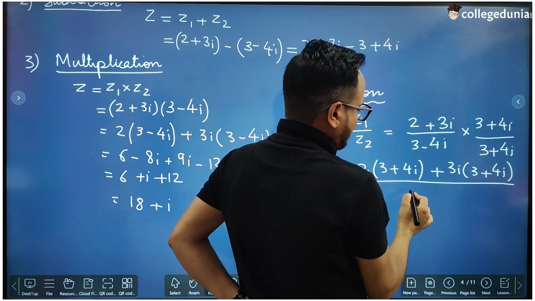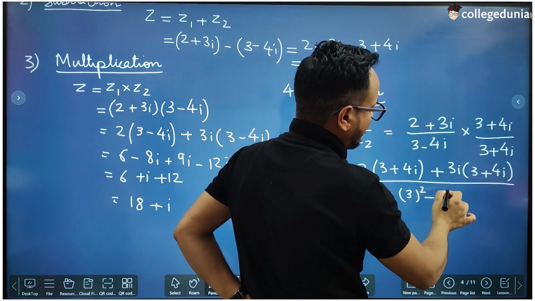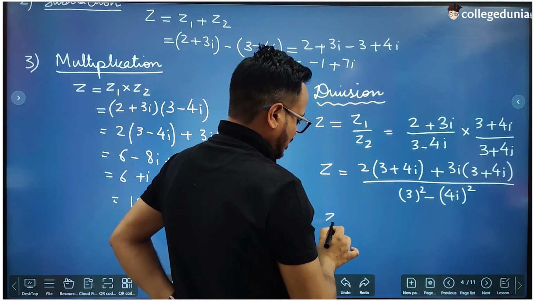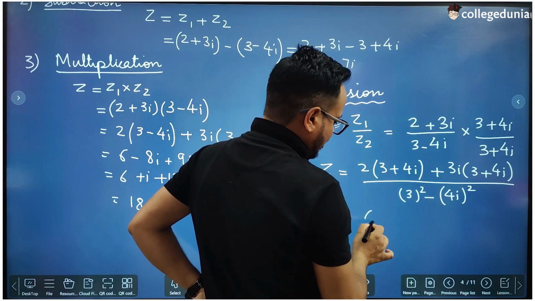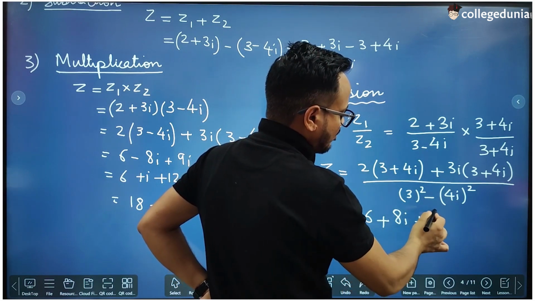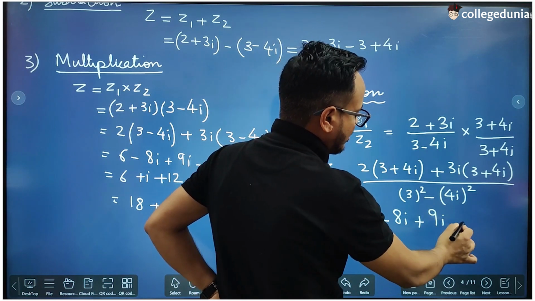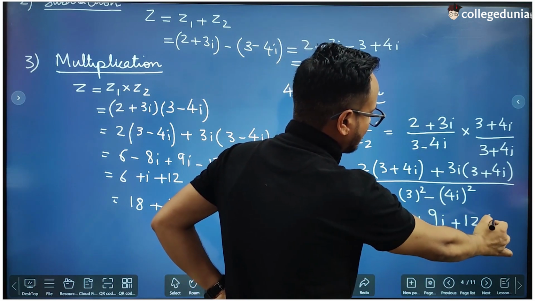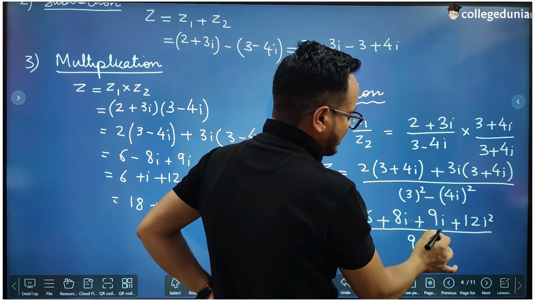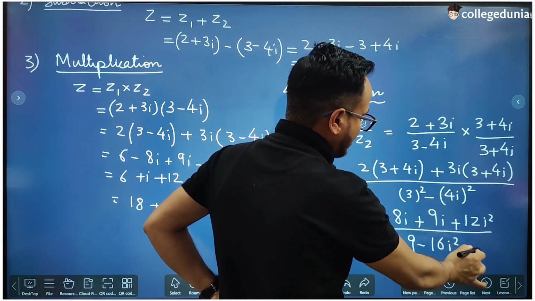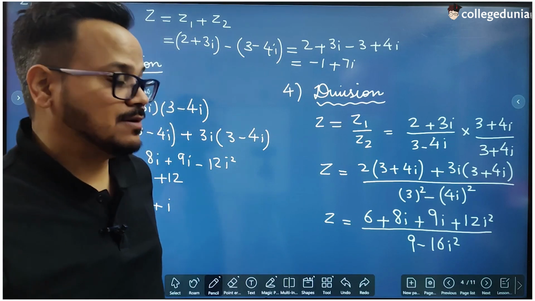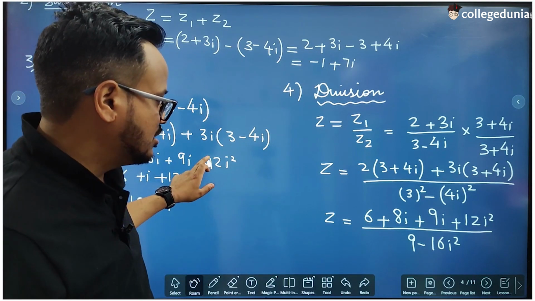A minus b and a plus b will give you a square minus b square. 2 into 3 is 6 plus 8i plus 9i plus 12i square, divided by 9 minus 16i square, right? But i square is minus 1, so 9 minus 16 becomes 9 plus 16.